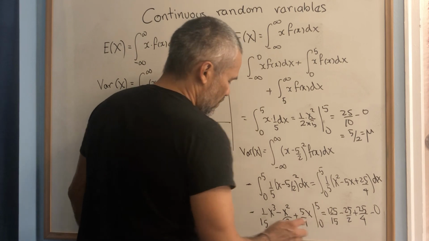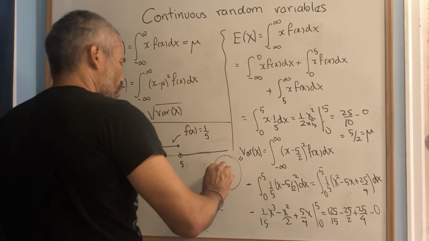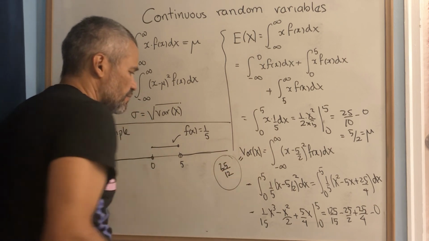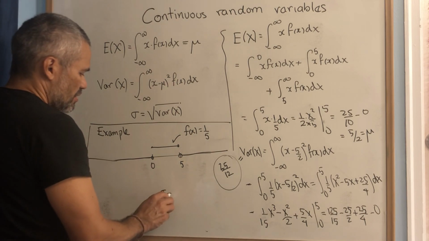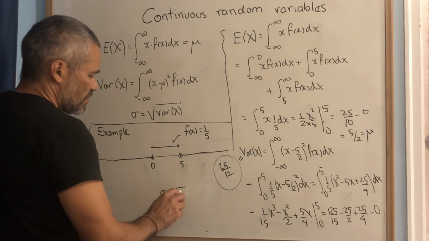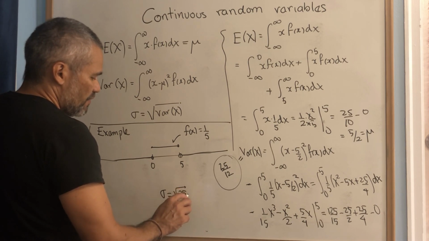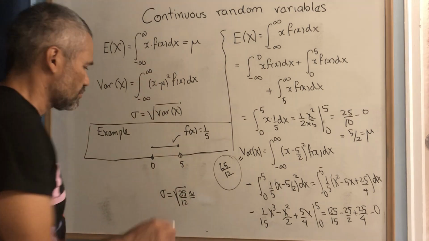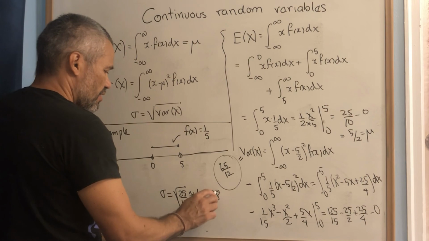And this is equal to 25/12. Then the standard deviation is going to be the square root of 25/12, which is approximately equal to 1.4438.